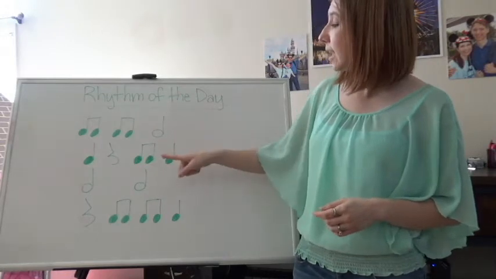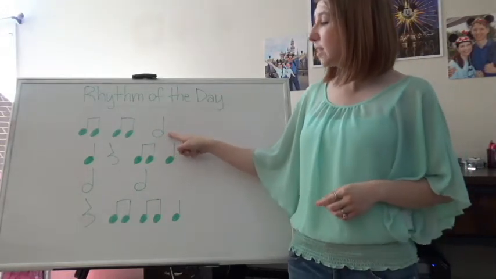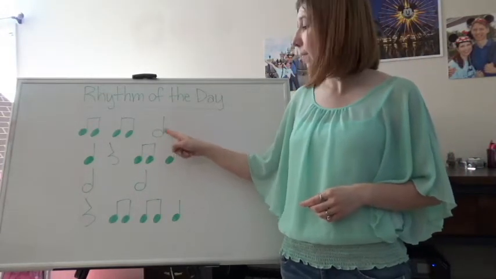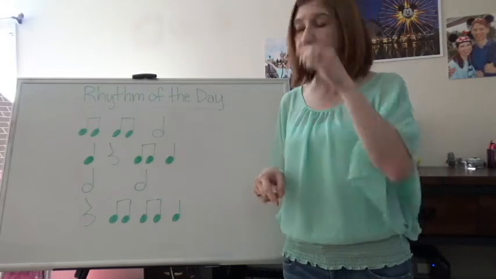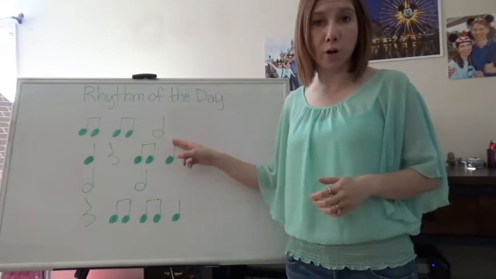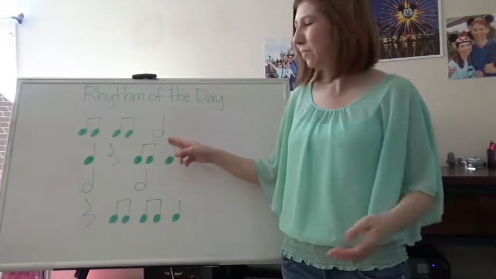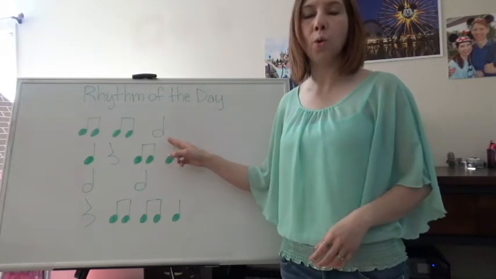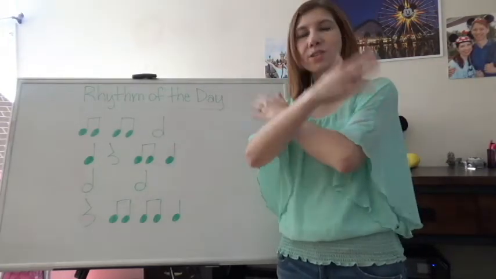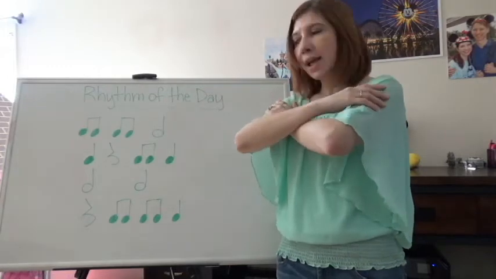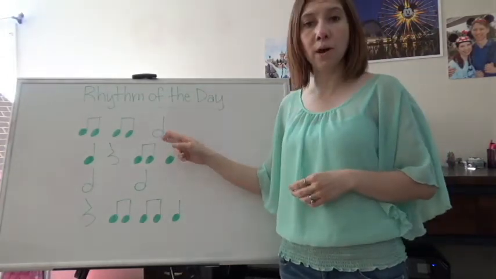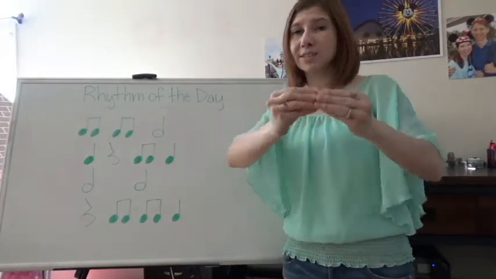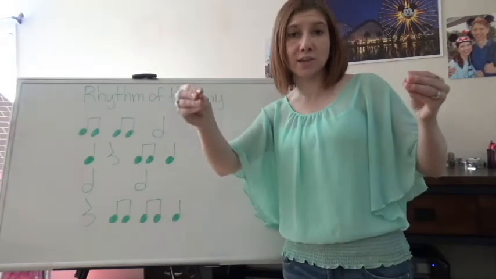Okay, and then the last one that we haven't talked about is this one, which looks like a ta, but it isn't filled in the middle, right? This is called a half note. That's its real name. We call it a to, and it looks like this. To. And the cool thing about a to is that it's like taking a ta and stretching it out to be extra long.